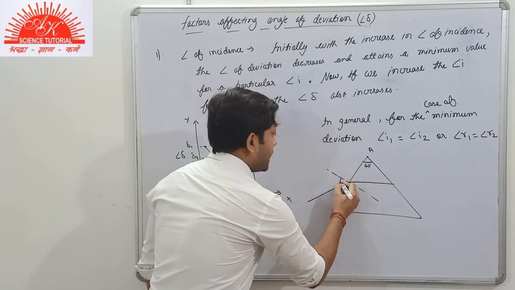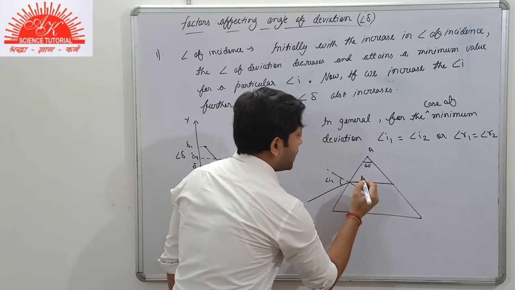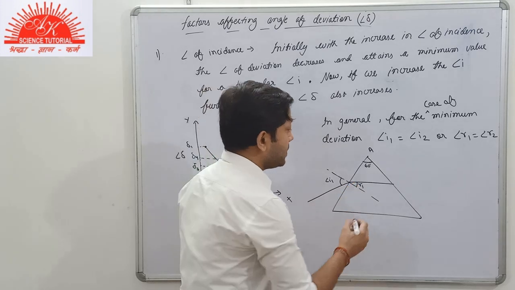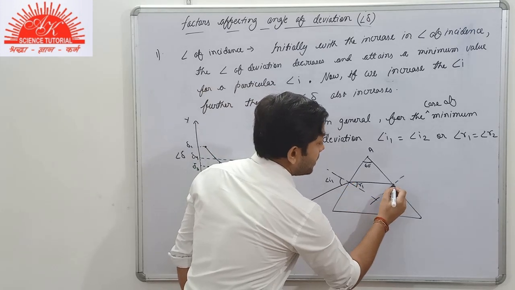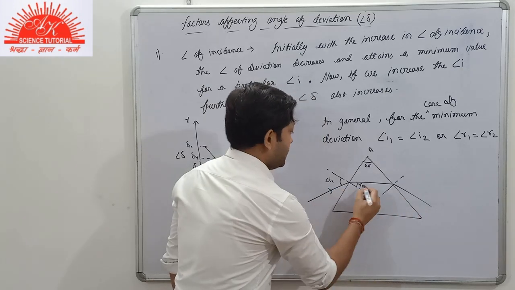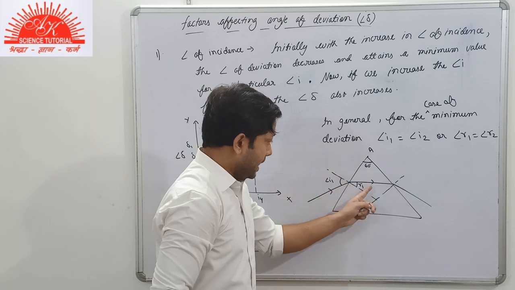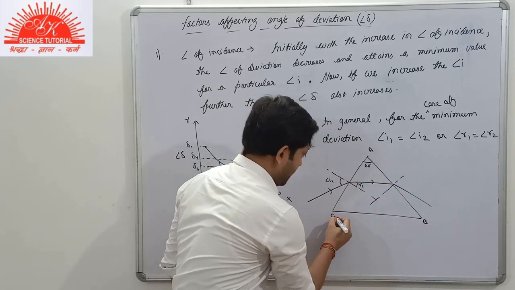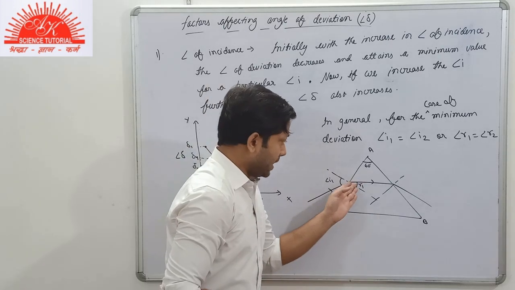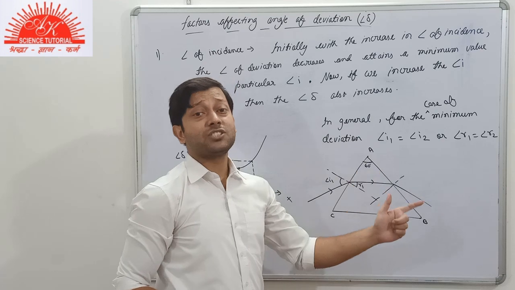So this I1, this is our R1, that is the angle of refraction, and we draw a normal here. So this was our incident ray, this is our refracted ray, and when this refracted ray strikes the second surface, suppose it is BC. So when the refracted ray strikes the surface, then the refraction takes place for the second time.